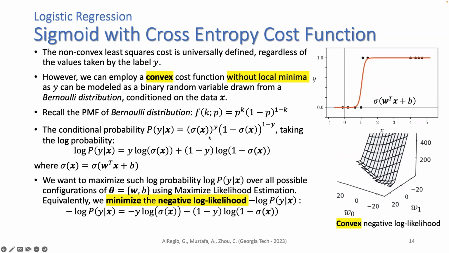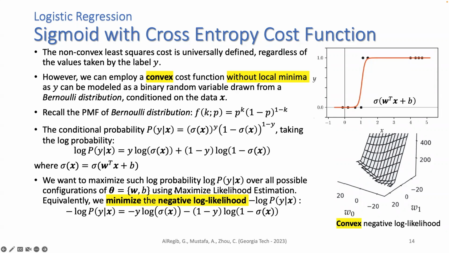And again, if you take the log of that, then the exponent will come in front of the log, so I have y times log of sigmoid, which is z, plus 1 minus y times log of 1 minus the sigmoid, which is z in this case. And now, either we are maximizing this, or we are minimizing the negative log likelihood.